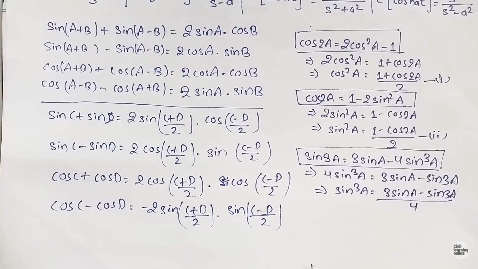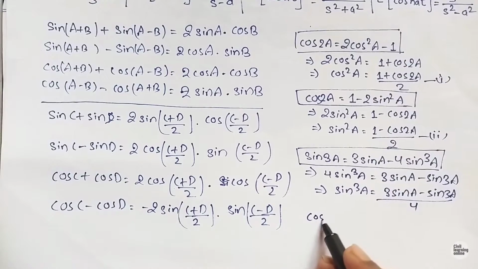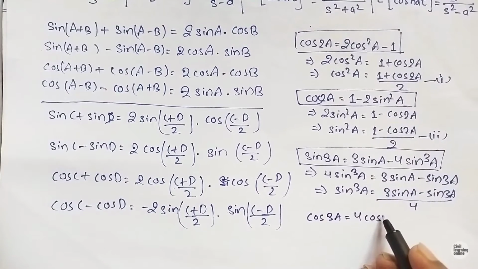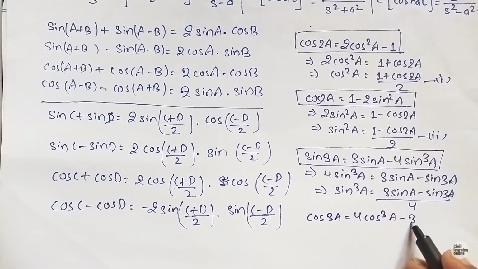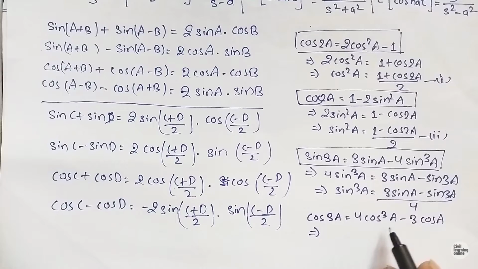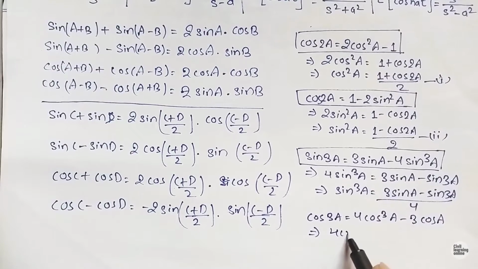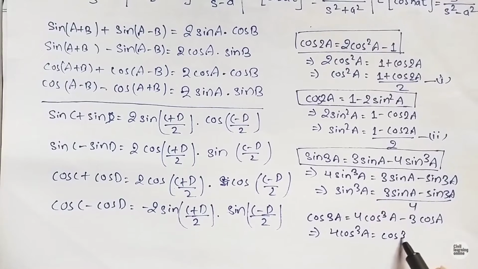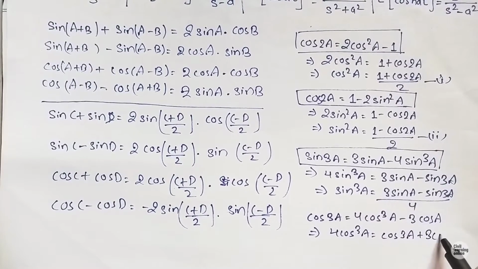One more formula is for cos 3a. We have cos 3a equals 4 cos cube a minus 3 cos a. So from here, for cos cube a we can derive it as 4 cos cube a equals cos 3a plus 3 cos a.